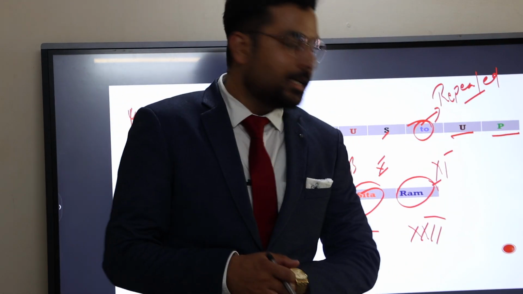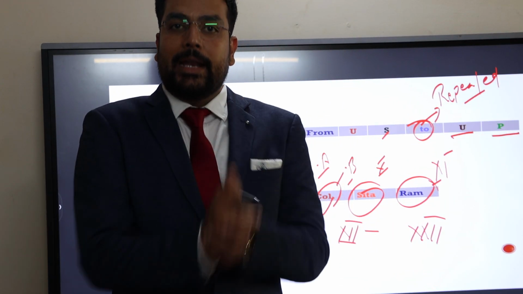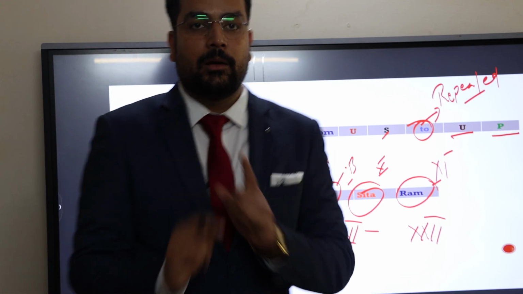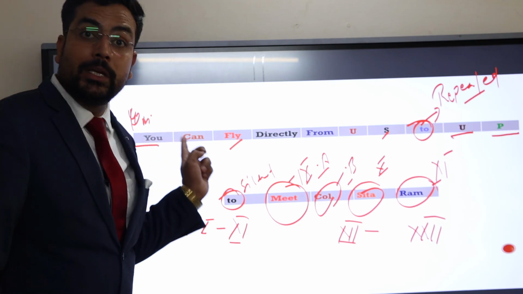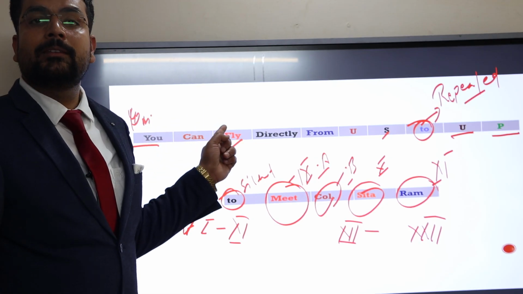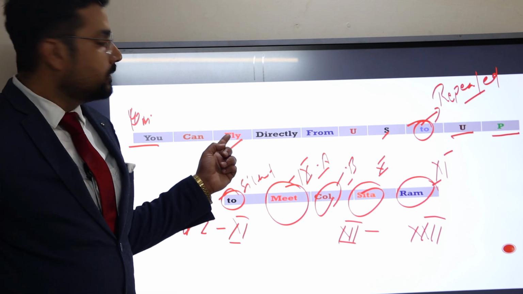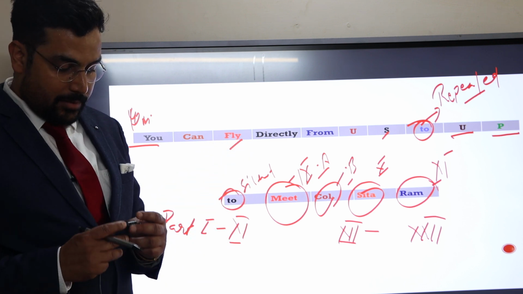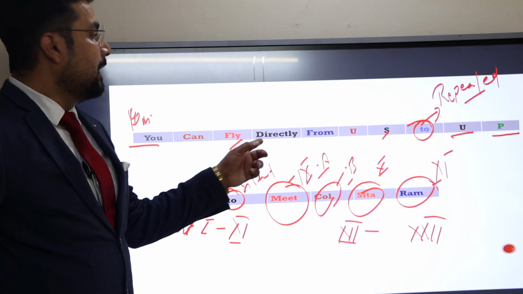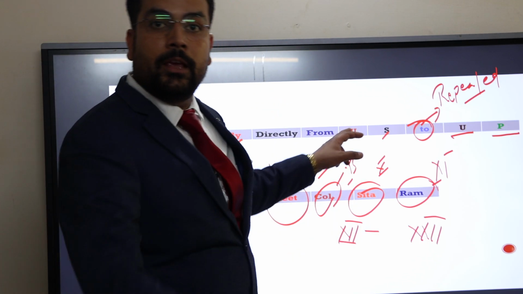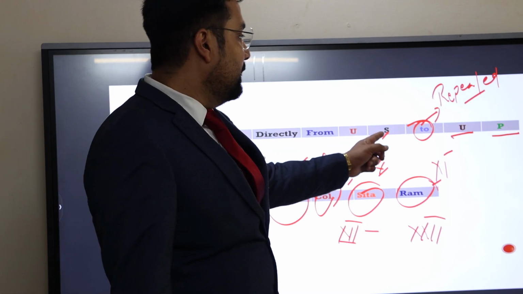Now we will memorize it. You can fly directly from US to UP to meet Colonel Sitaram. First U stands for Union and its territory. Can means citizenship. Fly means fundamental rights. Directly means DPSP. Fly means fundamental duties. U means union. S means states.